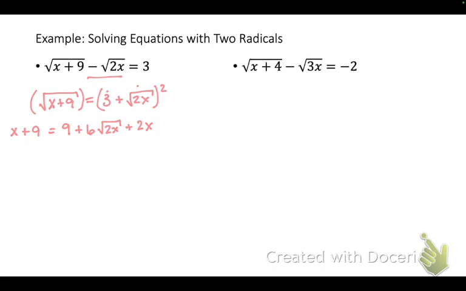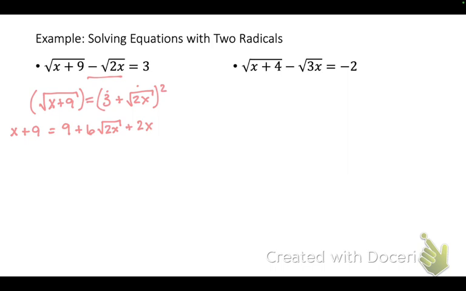Okay. Now, we've done it. We still have what there? When we square it, we've gotten rid of the square root every time, right? But did we get rid of the square root? Nope. So we probably need to move everything away from the square root and do what again? Square it. So I'm going to move the 9 and the 2x for sure.